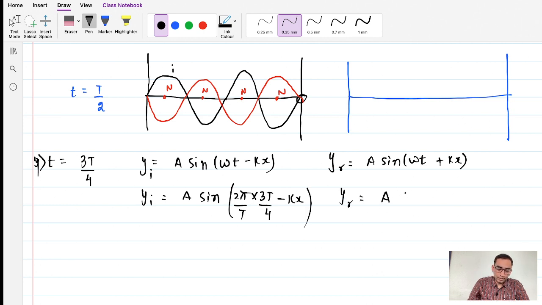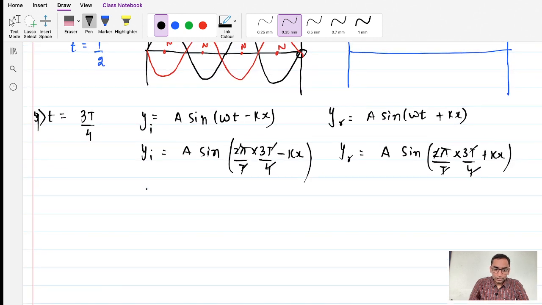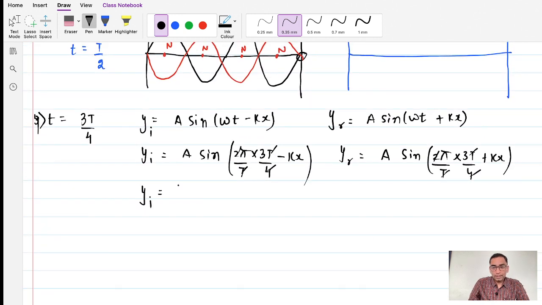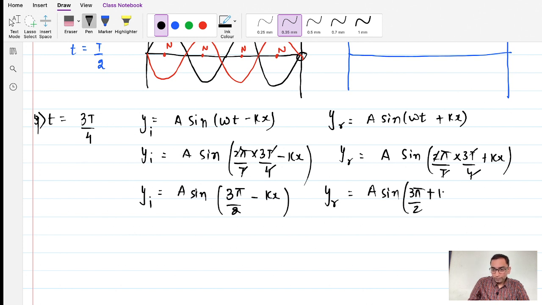Reflected is a sine 2 pi by T times 3T by 4 plus kx. Now 2 pi by T, the T gets cancelled. So the incident wave is a sine 3 pi by 2 minus kx. Reflected wave is a sine 3 pi by 2 plus kx.